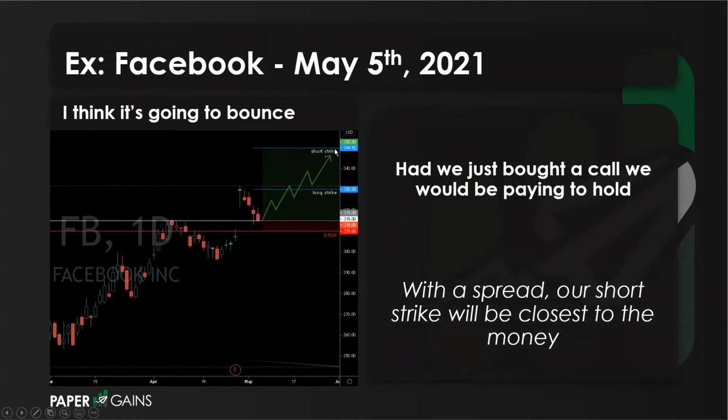So our short strike here, if you buy something that's out of the money, you visualize in your mind, okay, if the stock goes here, you want your long strike to end up being in the money and your short strike to end up being at the money. You really want to get up to as close to this short strike as you can. And even if it goes completely through it, that's okay too.